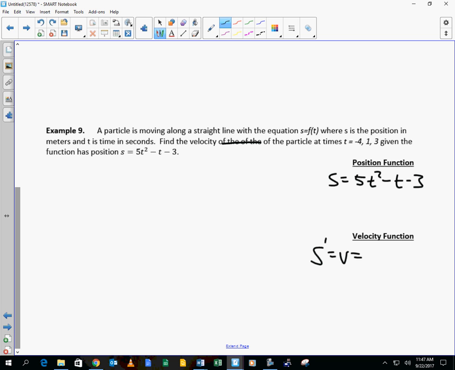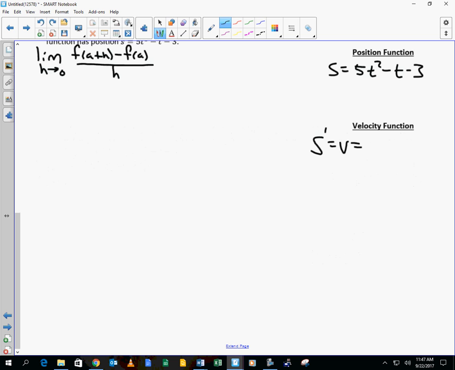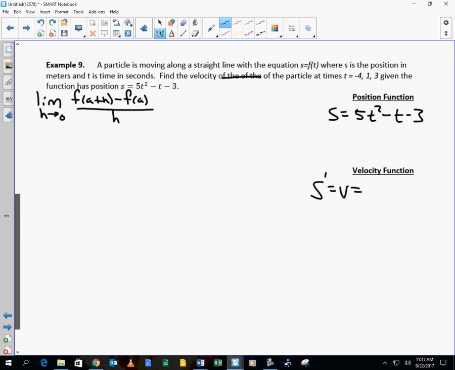Well, it's his speed. So if we want to find the velocity, we take the derivative. We use this: the limit as h goes to 0 of f of a plus h minus f of a, all over h. The formal definition of the derivative. It gives us a rate of change. Okay?